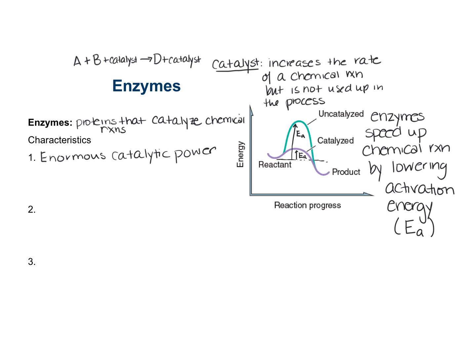So basically, when we talk about enormous catalytic power, they speed up reactions by lowering the E sub A. That's what we mean there.